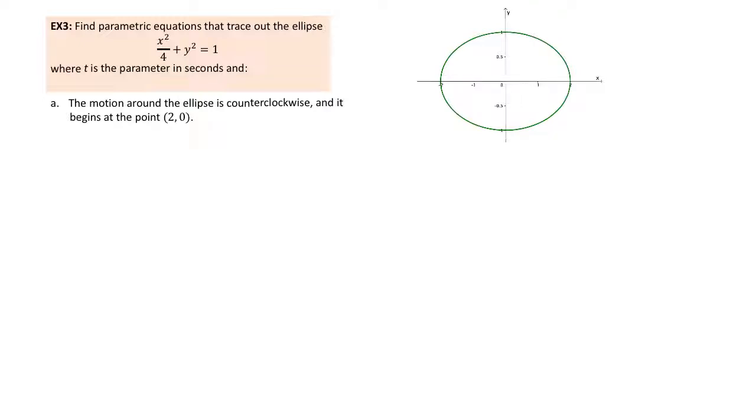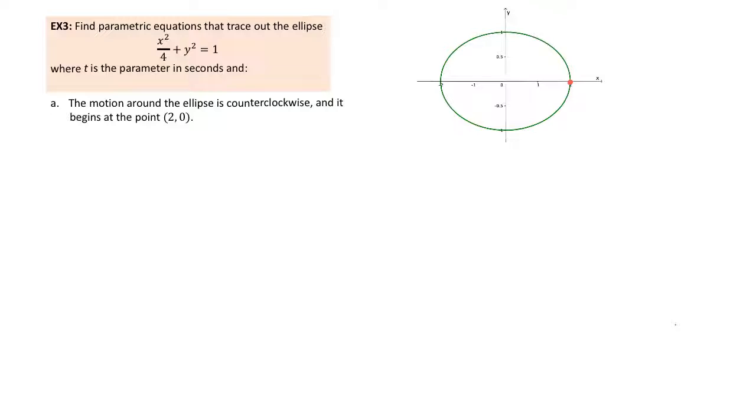So now the units of time are clearly in seconds. The motion around the ellipse is counterclockwise, so in this direction, and it must begin at the point 2 comma 0. The point 2 comma 0 is right here. Let me put a heavy dot around it. That's not a problem, right? Both of our parametrizations of ellipses began there at that point.